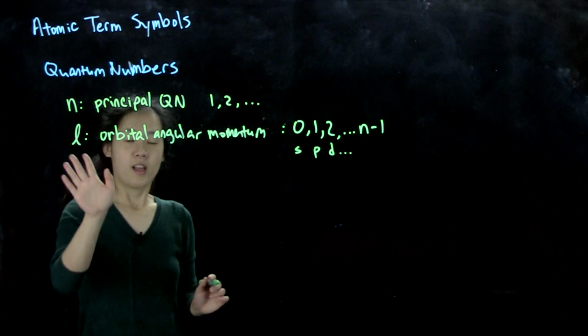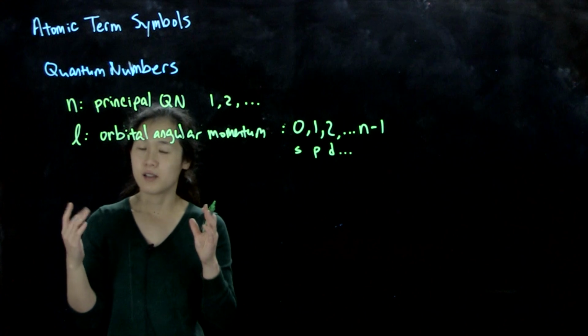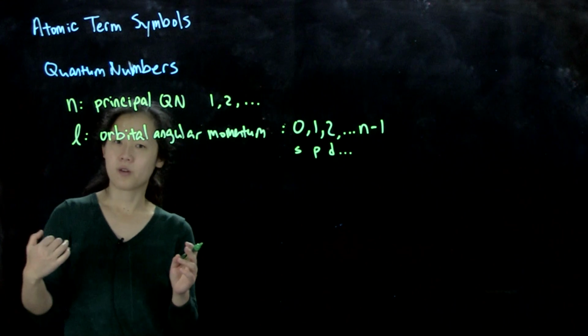Great. Now, each electron, when we start populating atomic orbitals, should have its own quantum number.